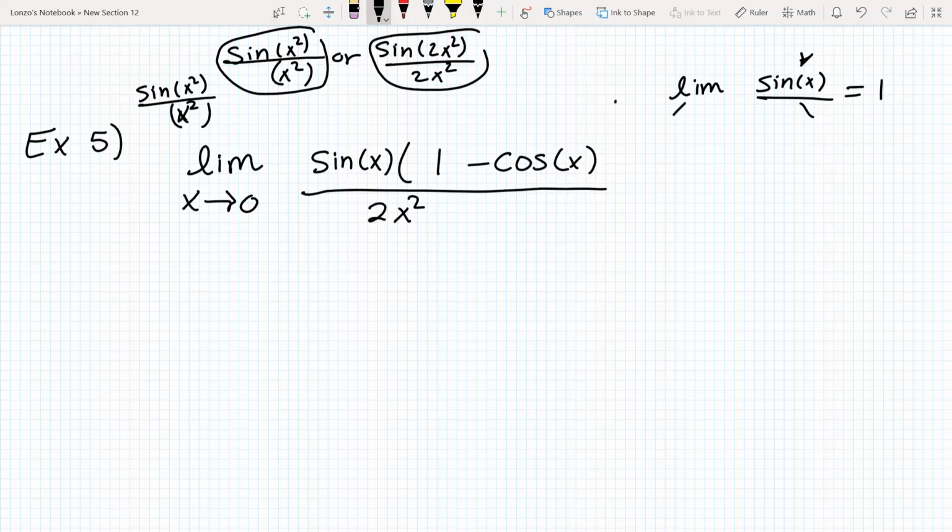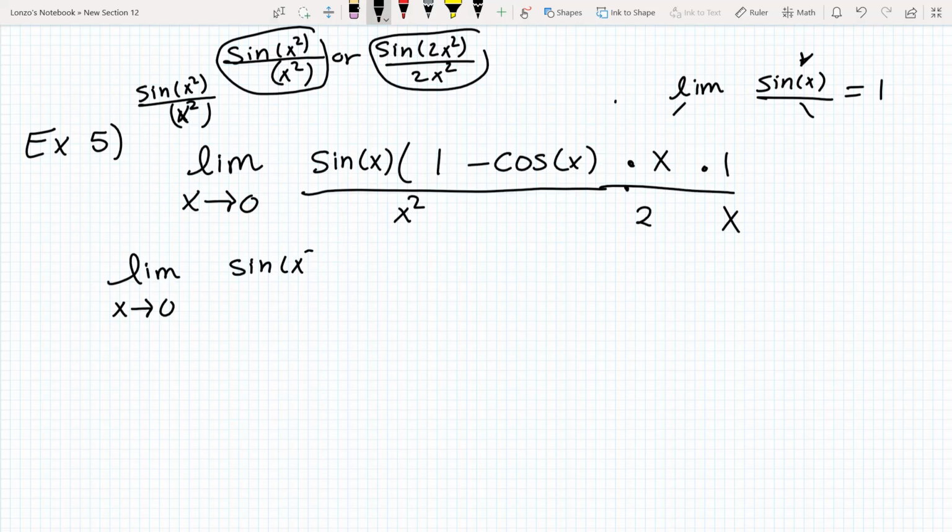And then this 2, let's just move it over here, right? But we still want an x squared here, so we have to multiply this by x, and then to balance it, multiply by 1 over x, right? So you get the limit as x approaches 0 of sine of x squared, because x times x is x squared, over x squared, times this whole thing.